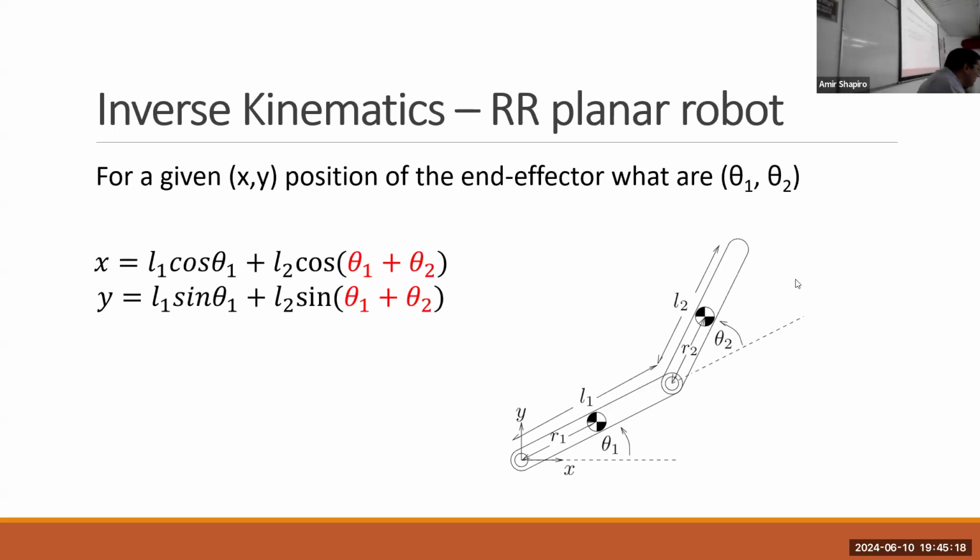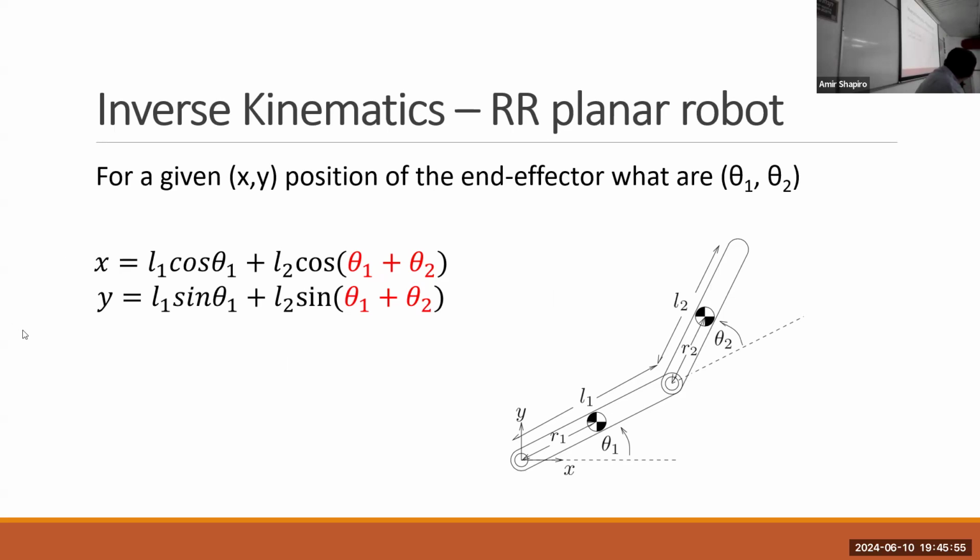And the location of the end effector, the end of the robot, is simply L1 cosine θ1, this distance, and then L2 cosine of θ1 plus θ2, which is this distance, and this gives us the x-axis position of the end effector. And similarly with the sine for the y-axis.